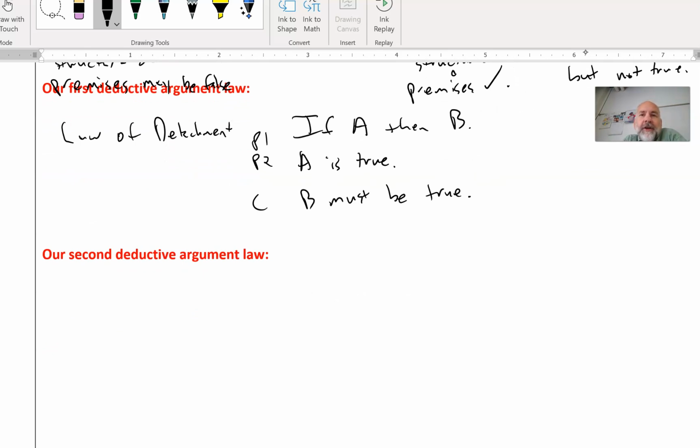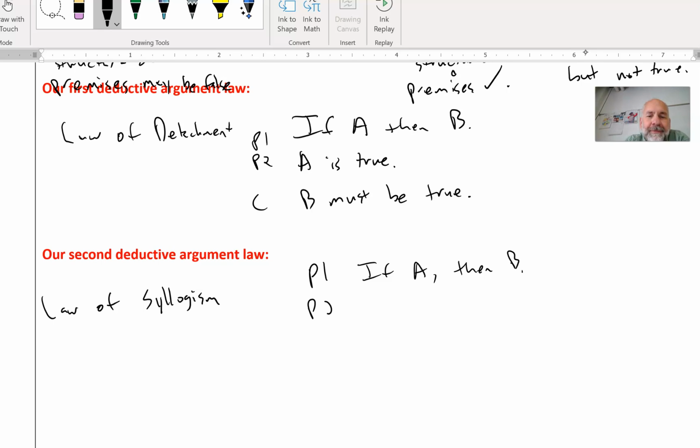The second deductive argument law, and this is the last thing, is called the law of syllogism. This is what a syllogism is. You probably haven't heard that word. Premise one is if A, then B. Premise two is if B, then C. And now, what is the conclusion you can make?